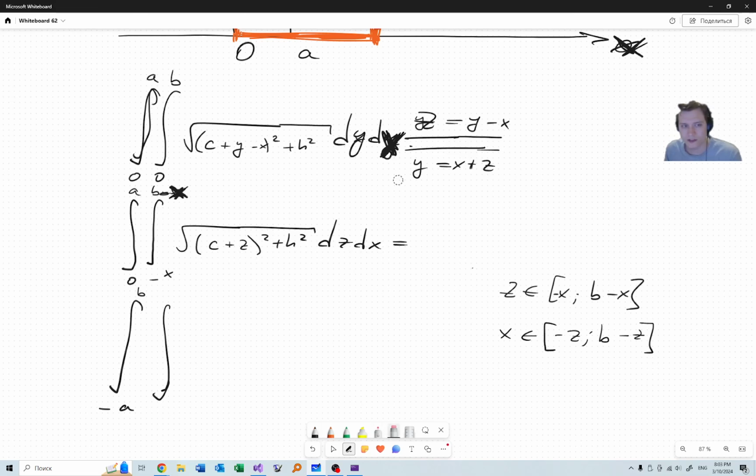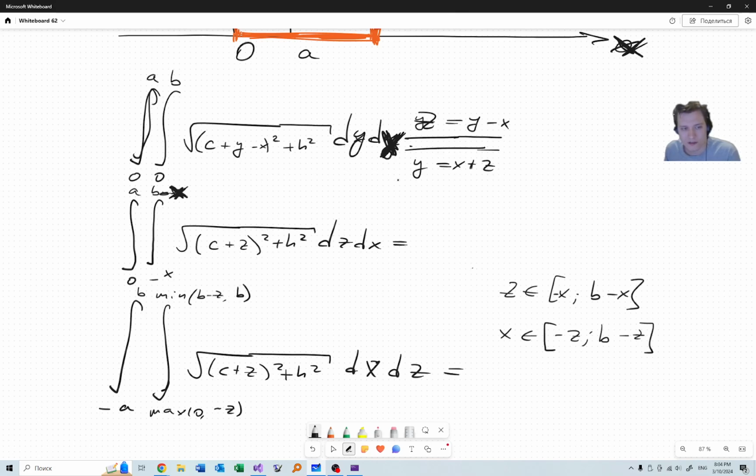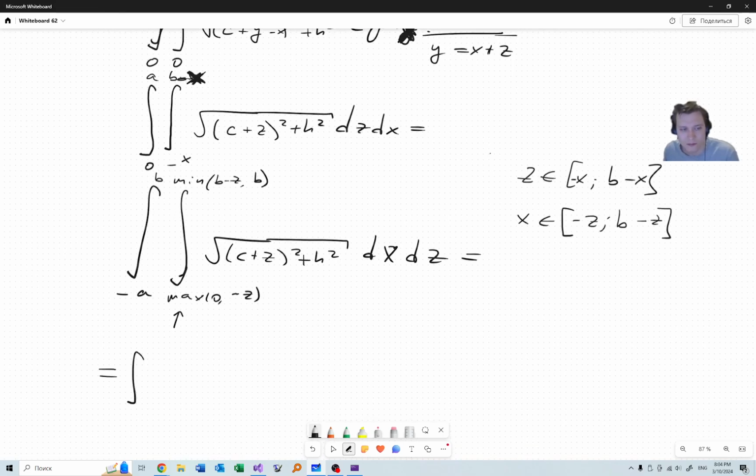But also it is at least 0, so we can put here the maximum of 0 and minus z, and here the minimum of b minus z and b. Okay, now this integral does not affect anything except the length of the interval, so we can replace it with this.